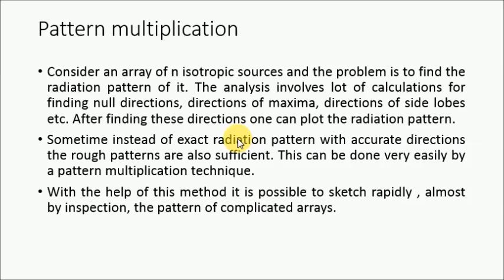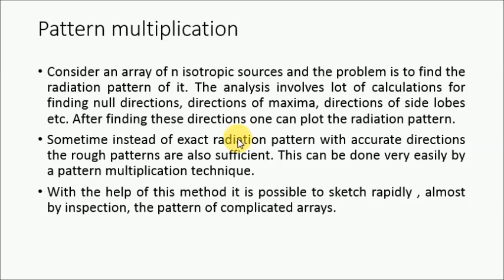Now the exact radiation pattern is only possible using the mathematical equations that we have seen in the previous lectures. Here the rough pattern can be calculated accurately using a technique called the pattern multiplication technique.